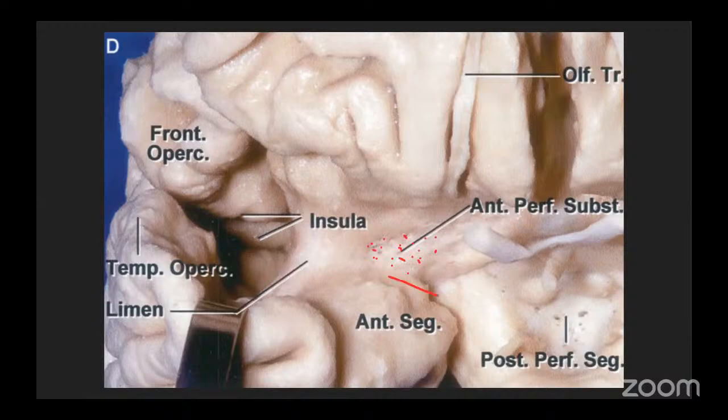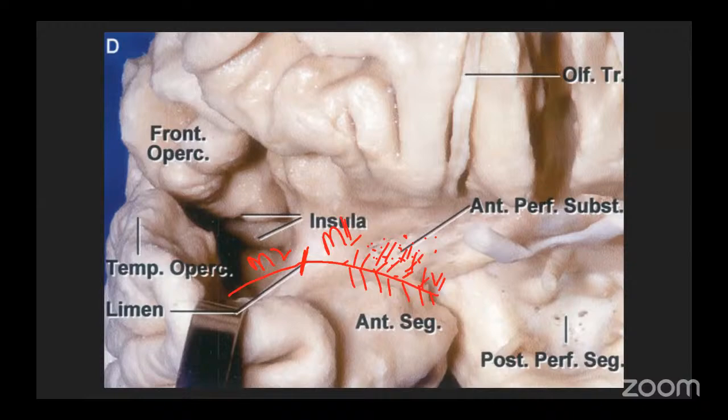So if the MCA is running here, M2 is going to start after the limen insula. Till here there is M1. And there are lots of smaller branches, which are called lenticulostriate arteries, which perforate the inferior surface of the brain via the anterior perforated substance.